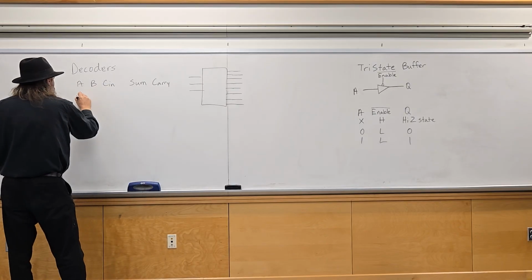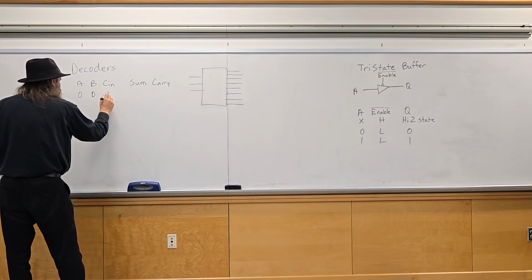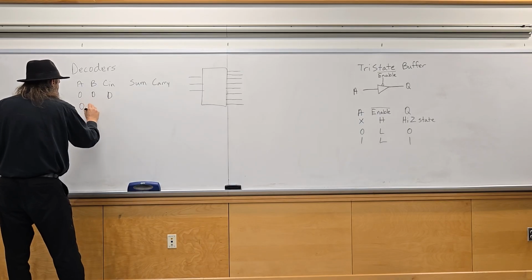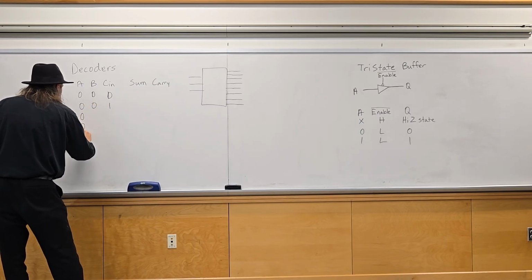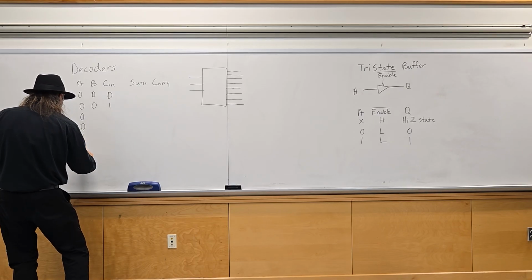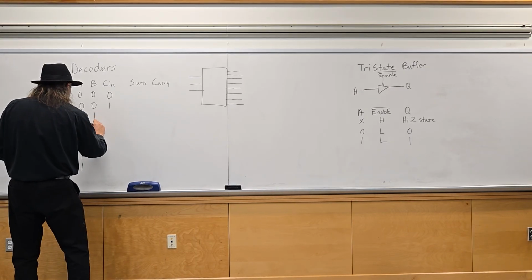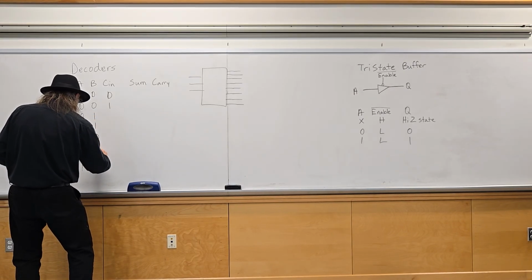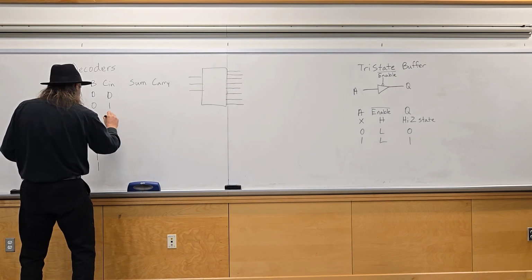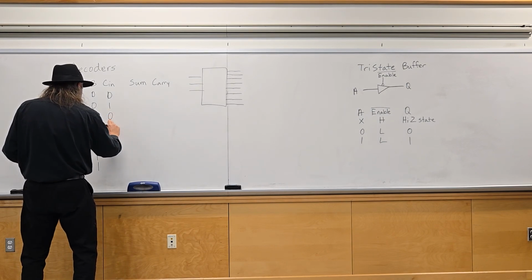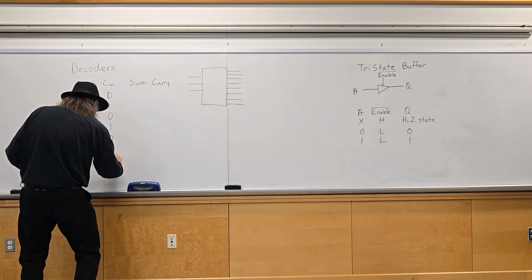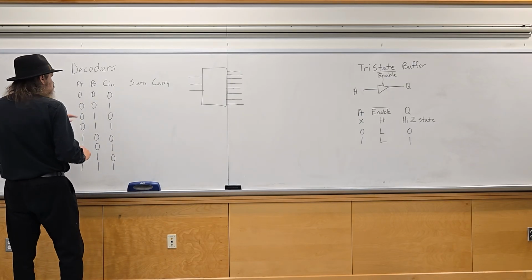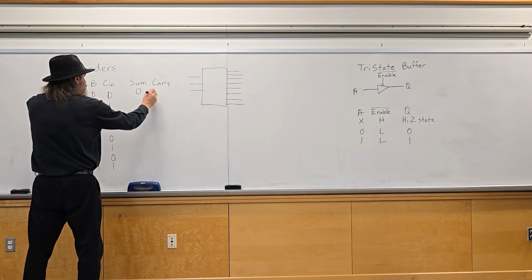So you have 0, 0, 1, 0, 1, 0, 1, 0, 1. Okay, and your sum is 0, carry is 0.